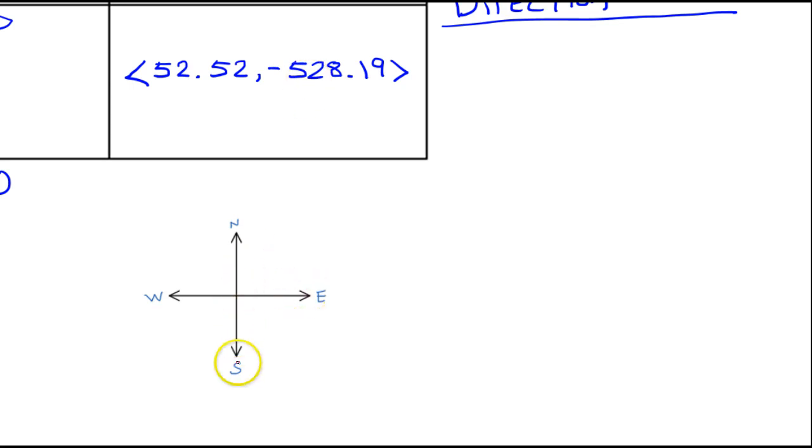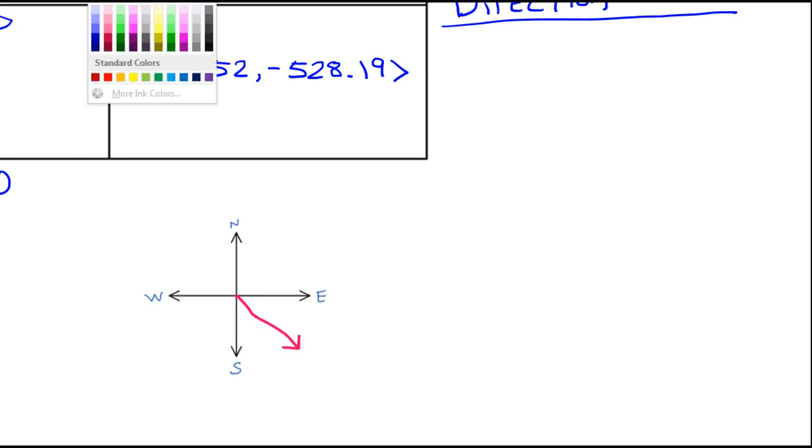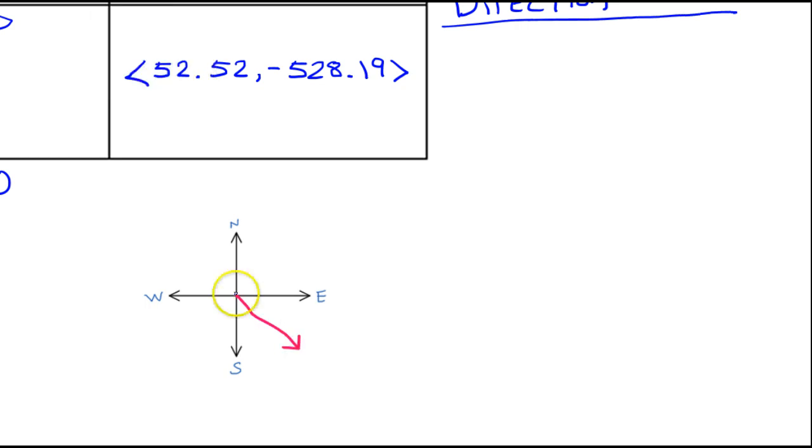So we are east and south, so that puts us in the fourth quadrant. Think of this in terms of the horizontal component and the vertical component. The horizontal component is 52.52, so that will go here. The vertical component is negative 528.19, that will go here.